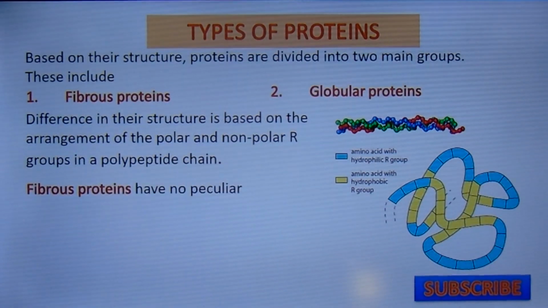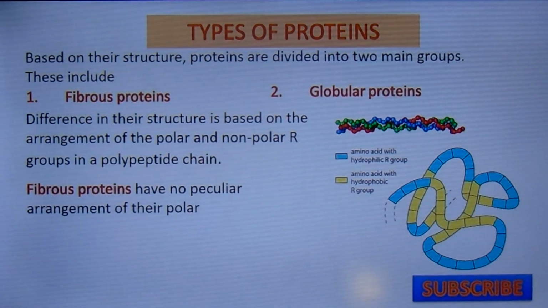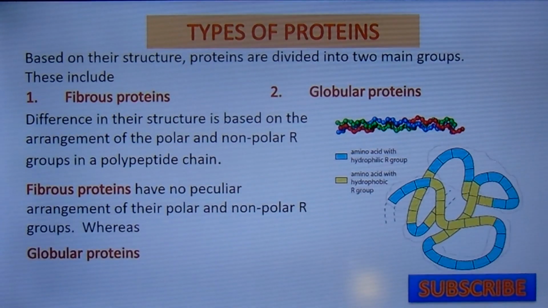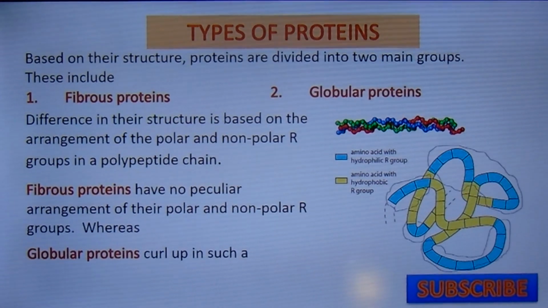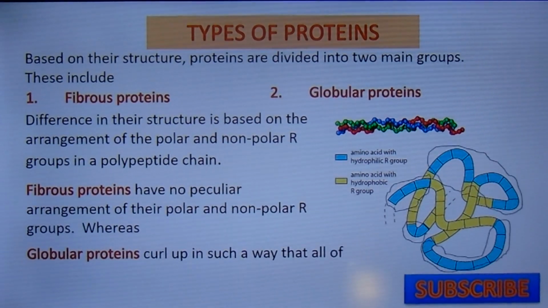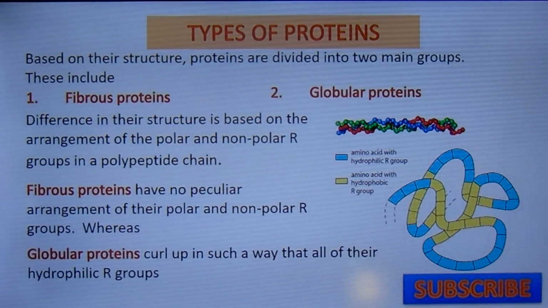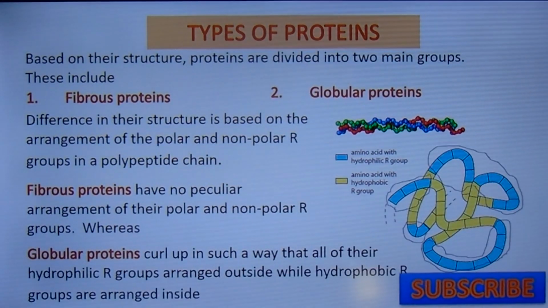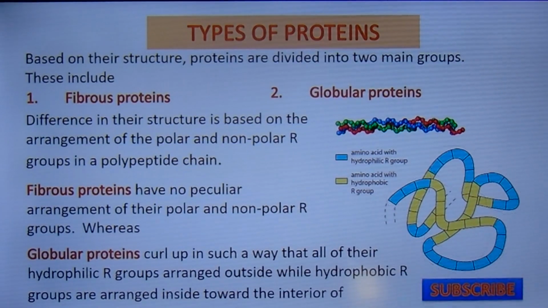Fibrous proteins have no peculiar arrangement of their polar and non-polar R groups, whereas globular proteins curl up in such a way that all of the hydrophilic R groups are arranged outside, while hydrophobic R groups are arranged towards the interior of the protein.